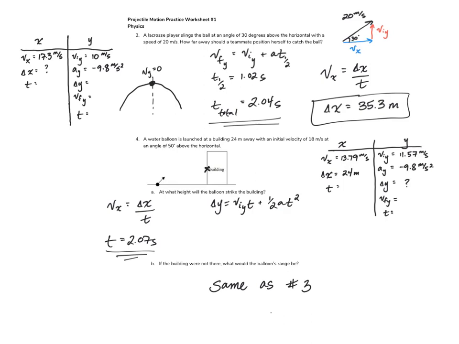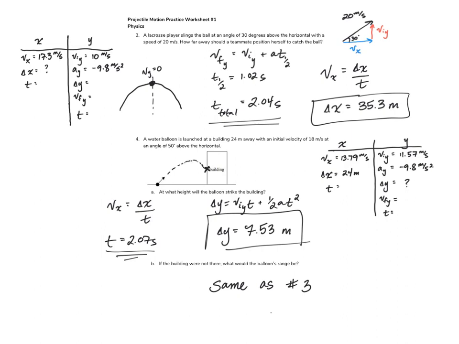So our delta y here then is going to equal 7.53 meters. Okay, that means that this projectile is hitting the building 7.53 meters above the ground. So really, this balloon is actually hitting the peak before it reaches the building. Okay, so the path kind of looks like this.